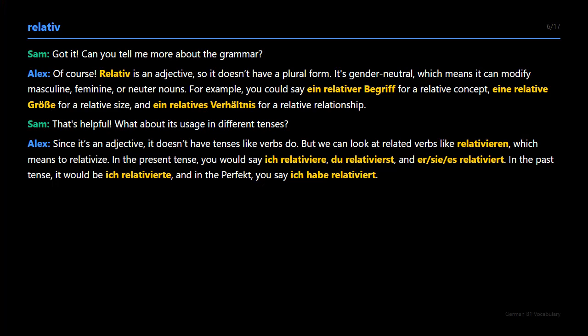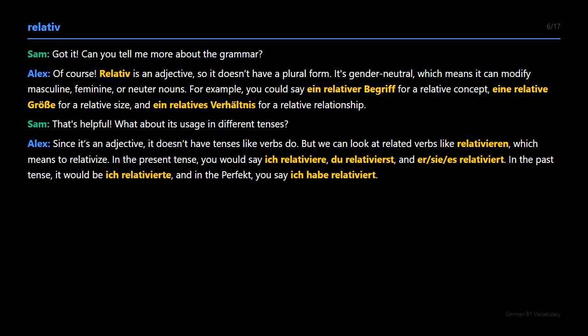In the present tense, you would say, ich relativiere, du relativierst, and sie, es relativiert. In the past tense, it would be, ich relativierte, and in the perfect, you say, ich habe relativiert.